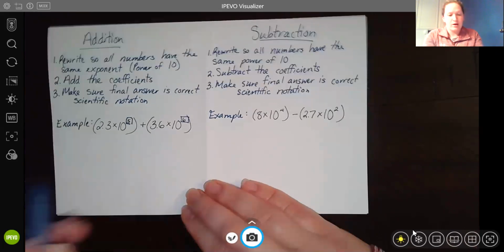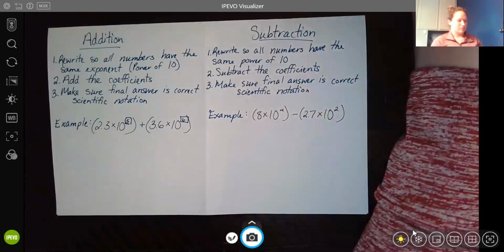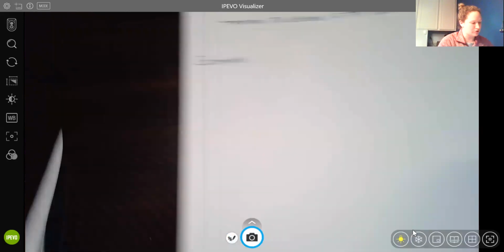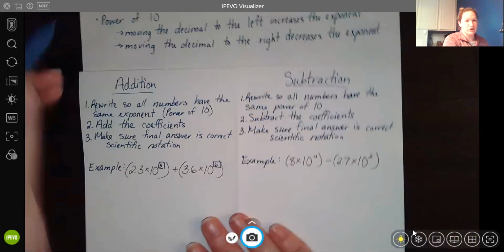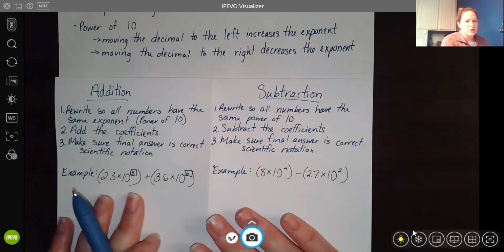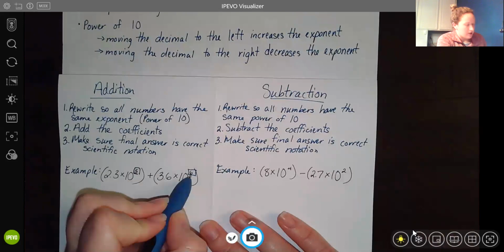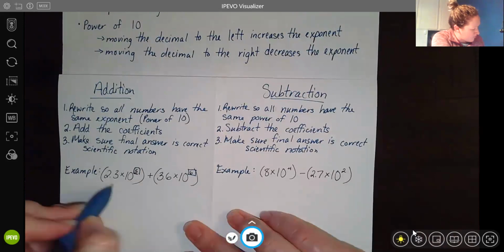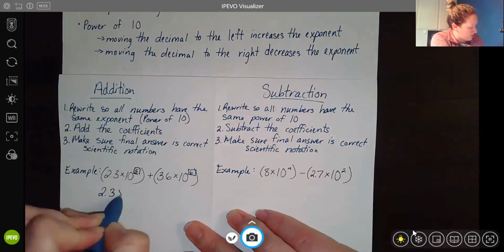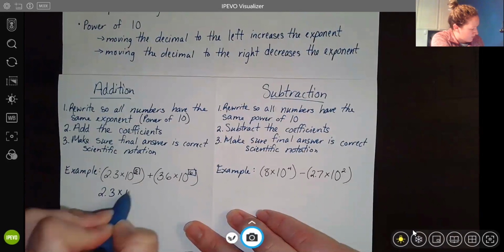I'm going to pull back something else I showed you, because I think this power of 10 information is really going to help. I want to make this into 10 to the power of 5. My first number is already like that: 2.3 times 10 to the power of 5.